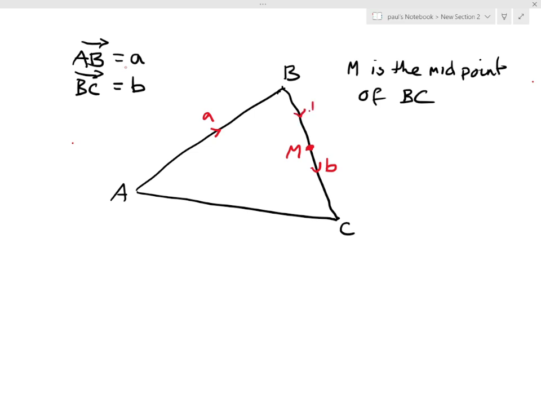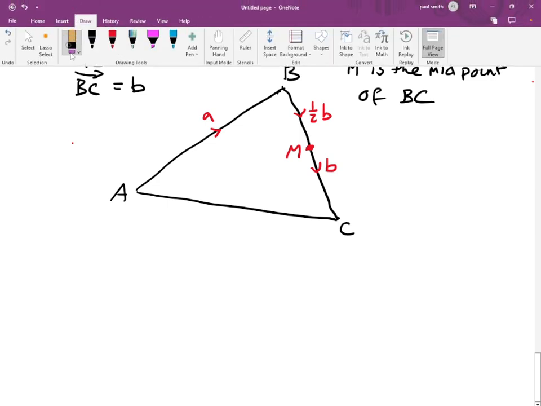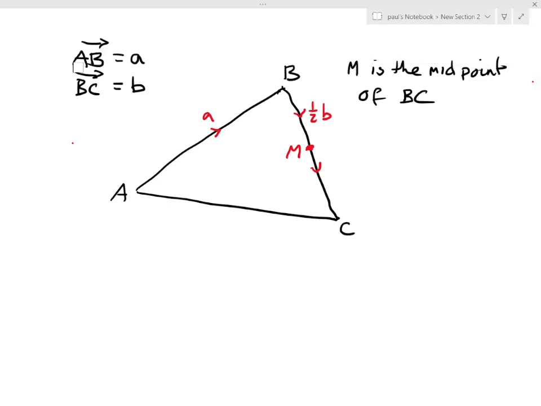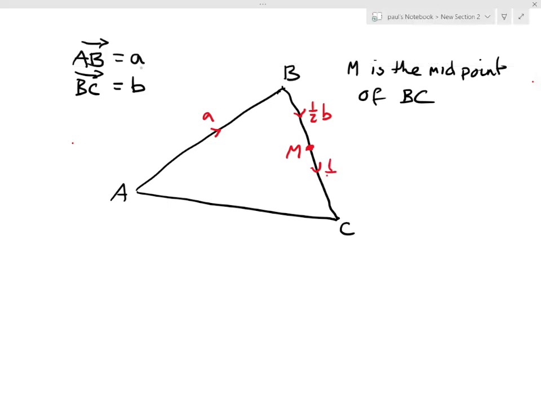So that little bit could be half a b. And this little bit down here we call half a b as well, because two halves make a whole.